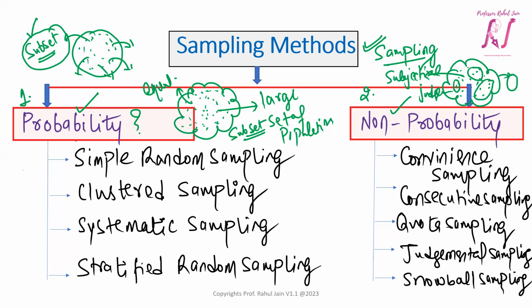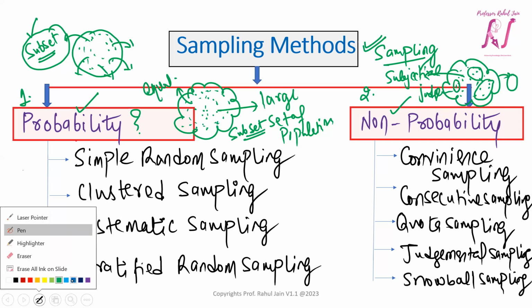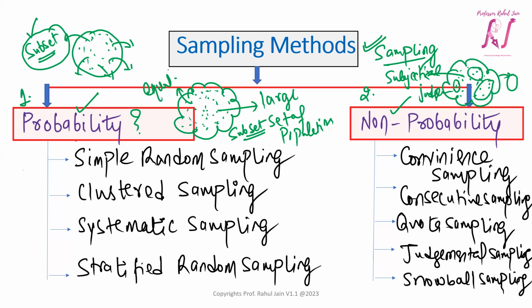So what will happen? If there is an equal chance for each and every entity to be in the sample for our study purpose, then such a kind of sampling is going to give us exact sampling.